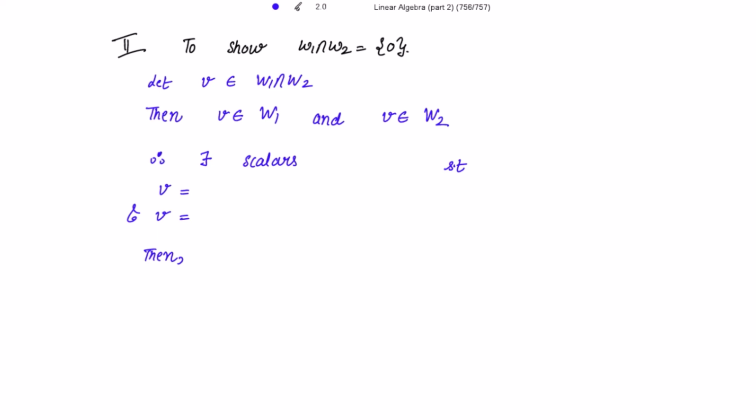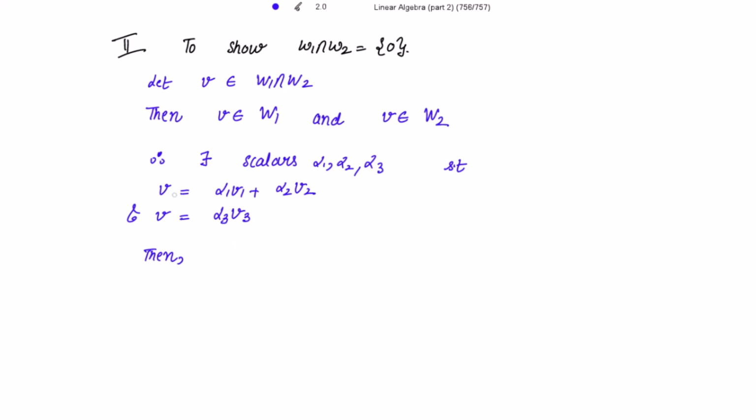So there exist scalars alpha 1, alpha 2, alpha 3 such that V is a linear combination of the generators of W1, which is alpha 1 V1 plus alpha 2 V2, and because V belongs to W2, I can also write V as alpha 3 V3, because W2 is generated by V3. So this is just a definition.